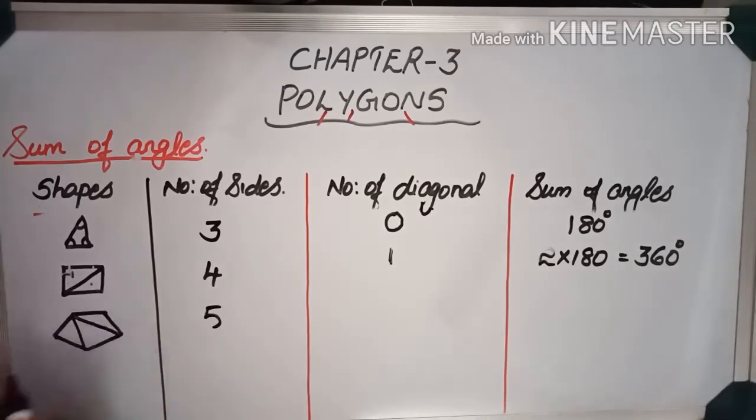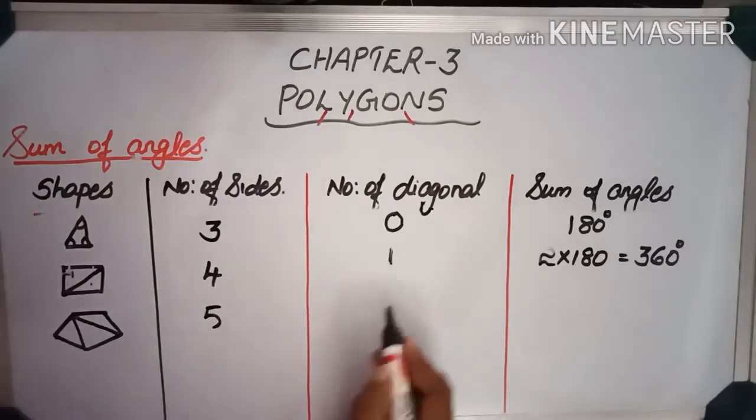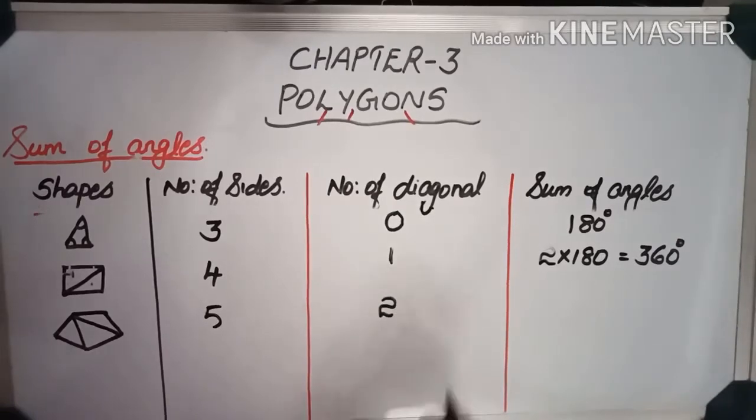So how many diagonals can we draw inside this? We can draw 2 diagonals. After drawing these 2 diagonals, this 5-sided figure is divided into how many triangles? 1, 2, 3. We got 3 triangles.